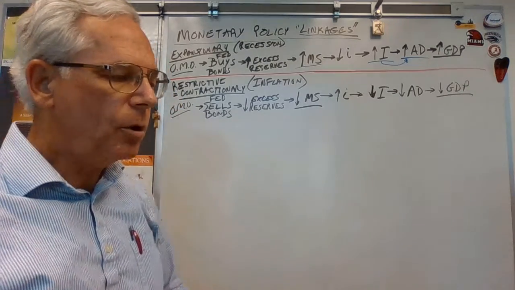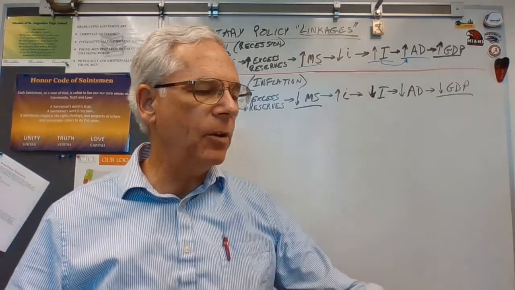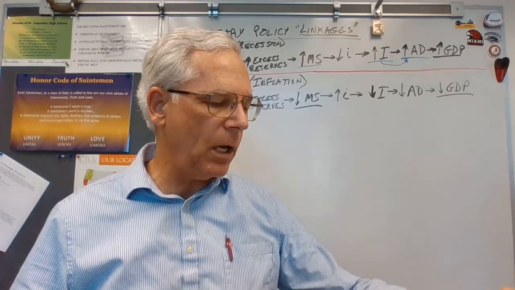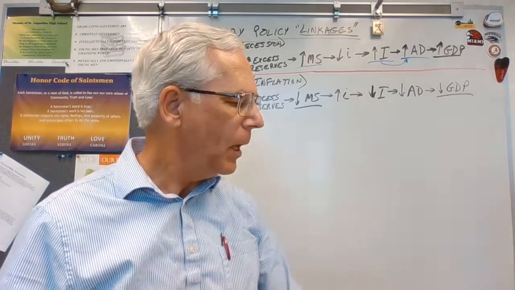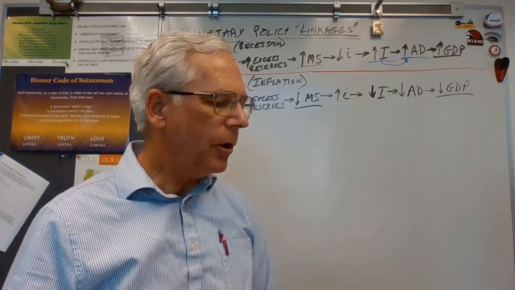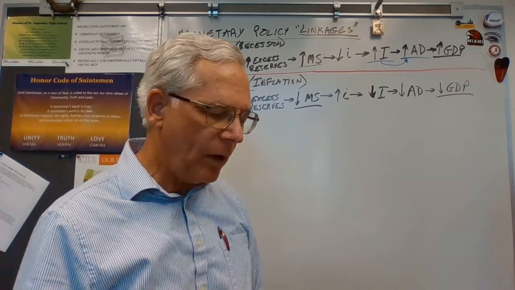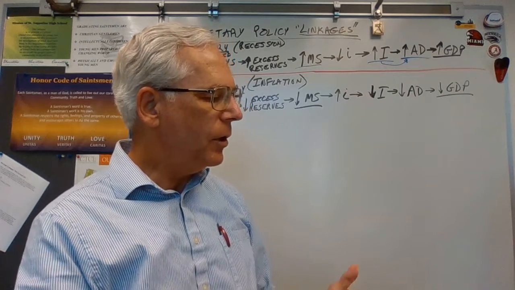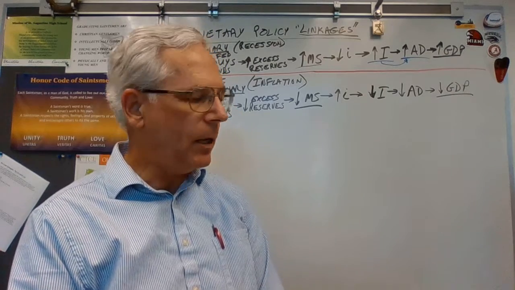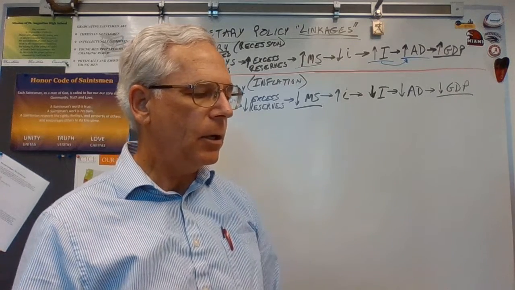All right, so I just wanted to go through those linkages. They are on page 733 in your textbook. And when you turn to the next pages, 734 and 735, you see the impact on the aggregate demand and aggregate supply curves.